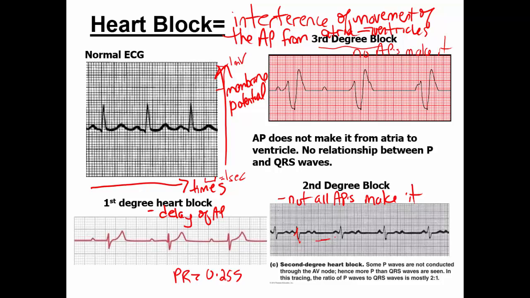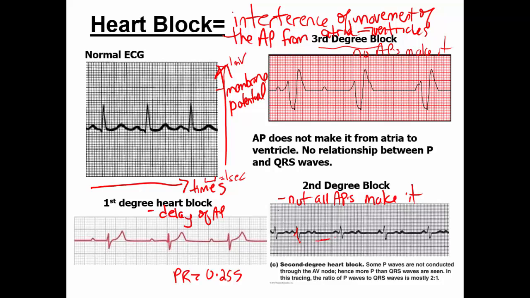And if you look at the EKG, you can see there's a P. This is a QRS, this is a T. Then there's nothing, then QRS-T. And so what's going on here is that there's no relationship between the action potential in the atria and the ventricles. What happens is that the SA node and the AV node depolarize and you get a P wave.